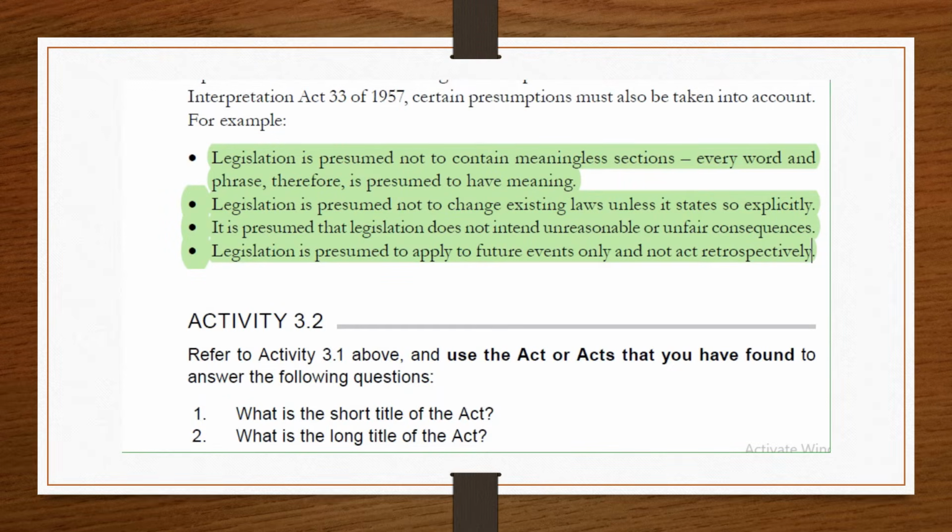Alright, it says here legislation is presumed not to contain meaningless sections. Every word and phrase therefore is presumed to have meaning. Legislation is presumed not to change existing laws unless it states so explicitly. It is presumed that legislation does not intend unreasonable or unfair consequences. Legislation is presumed to apply to future events only and not act retrospectively.